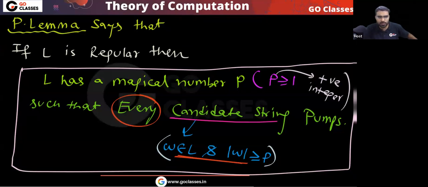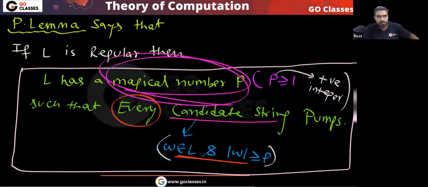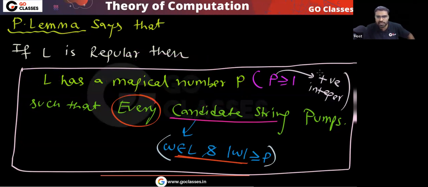So the pumping lemma says if L is regular, then L has a magical number P such that every candidate string pumps, where a candidate string means W belongs to L and length of W is greater than or equal to P.